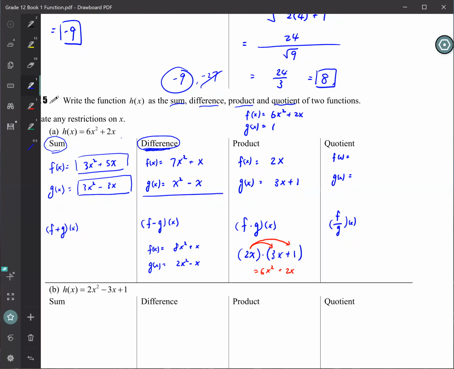Anyone has trouble? Okay, let's look at one example first, okay?